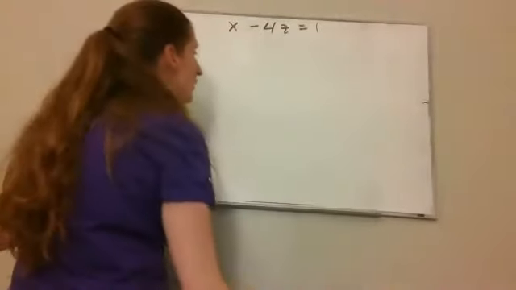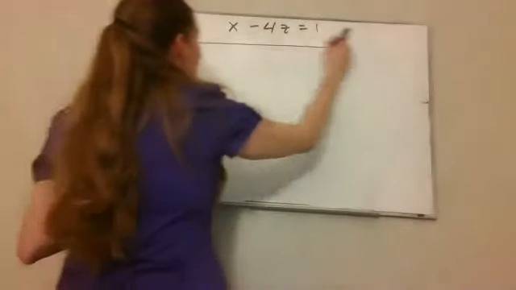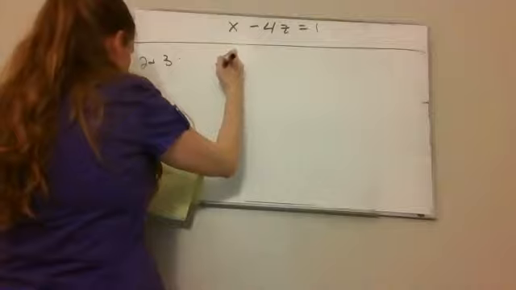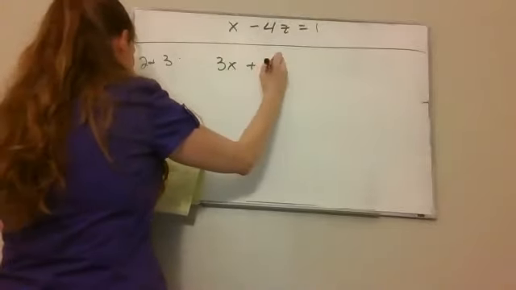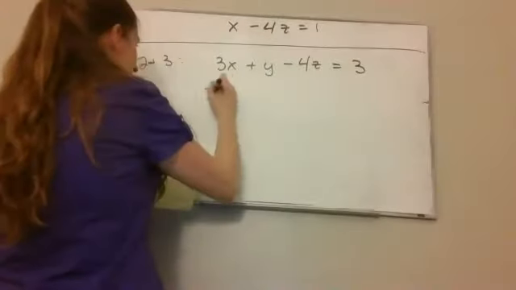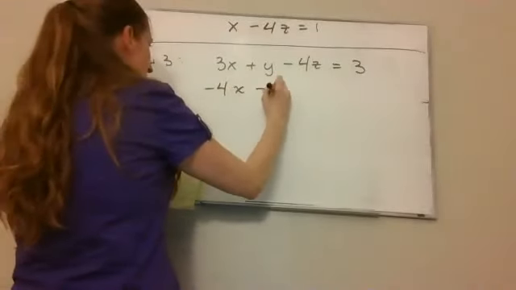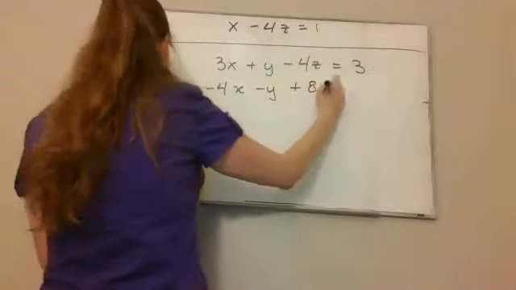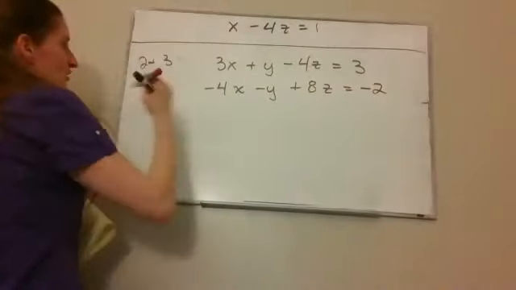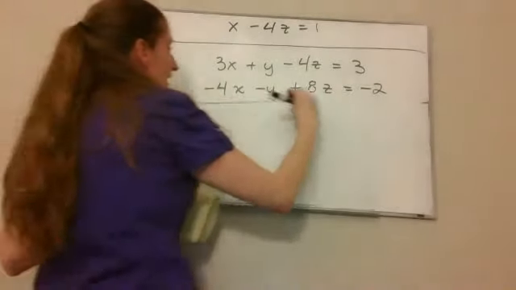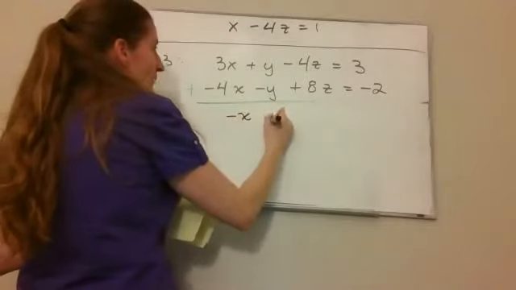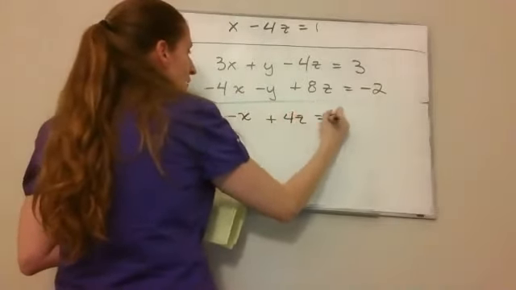So looking at equations 2 and 3, I have 3x plus y minus 4z equals 3, and negative 4x minus y plus 8z equals negative 2. Adding the two equations together will eliminate my y. And I'll get negative x plus 4z equals 1.